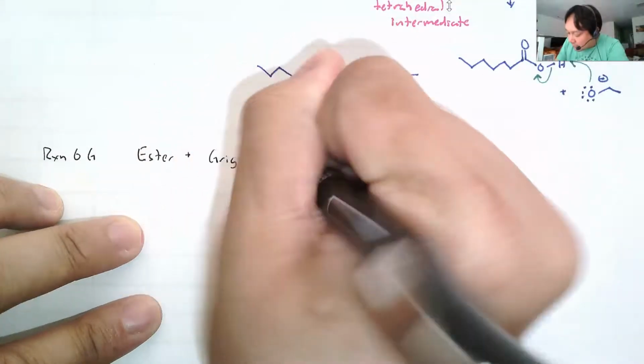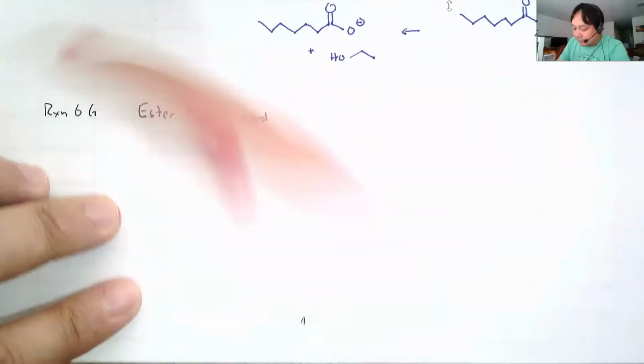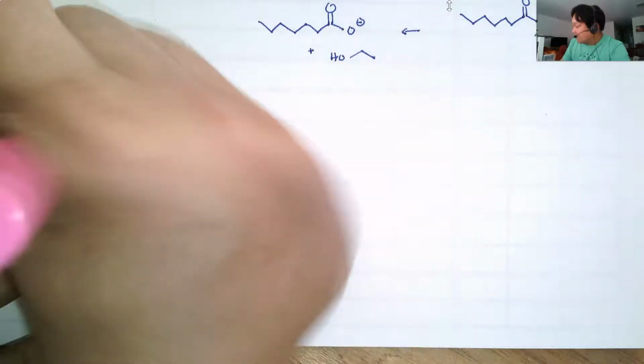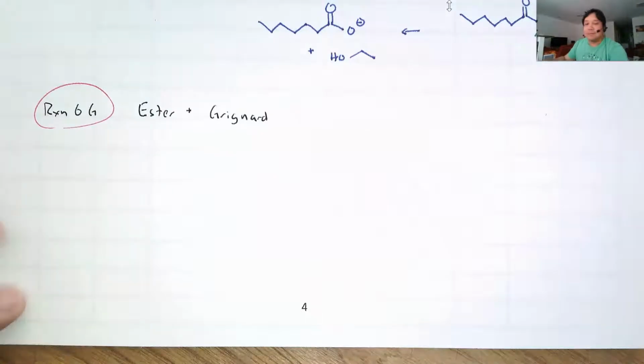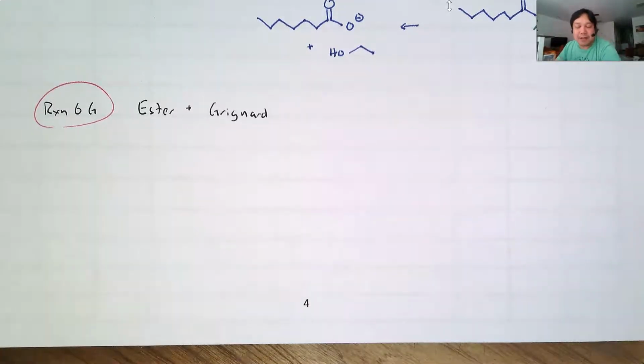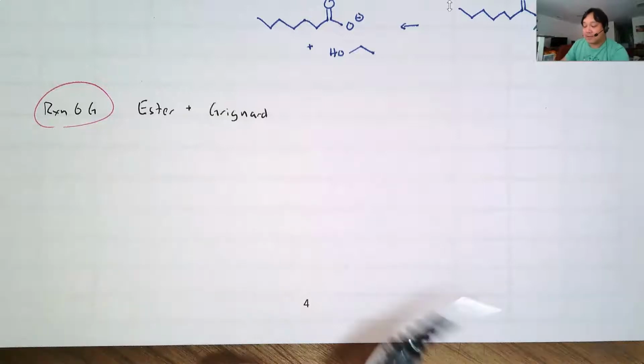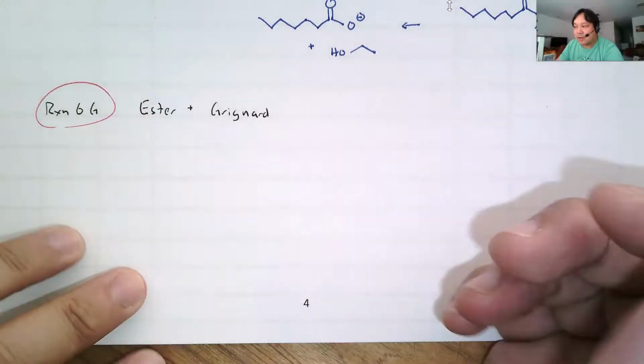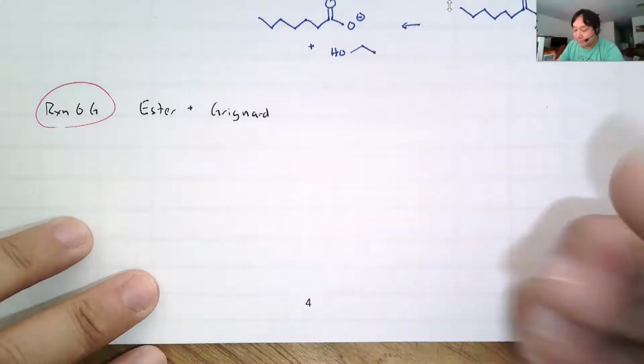We could also use, as usual, organolithium, but I'm partial to Grignards. You know what a Grignard does? A Grignard adds to an aldehyde or ketone, or we saw carbon dioxide or an epoxide, right? It attacks the carbon that is bonded to an oxygen.